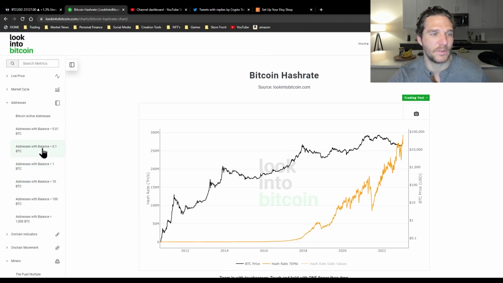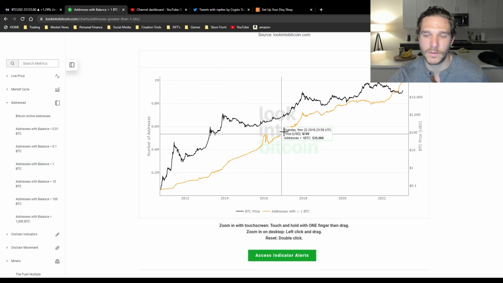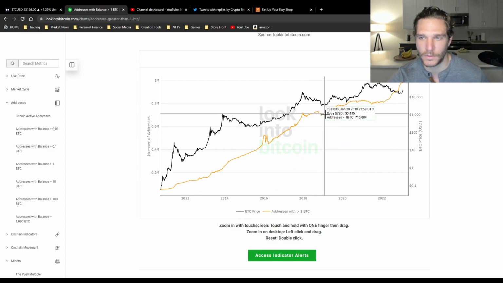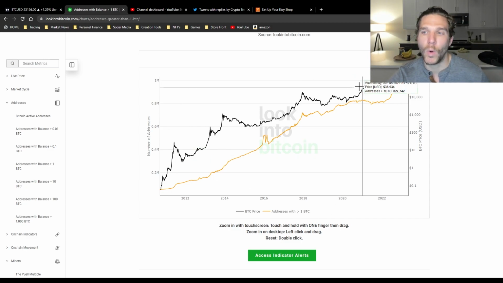Another thing is the active addresses. This gives us a good idea of who's accumulating and the adoption of cryptocurrency and Bitcoin. You can see that this is at an upward trend over time back to 2012. We're at the highest levels it's ever been right now. Getting close to that 1 million mark of people with greater than 1 BTC.